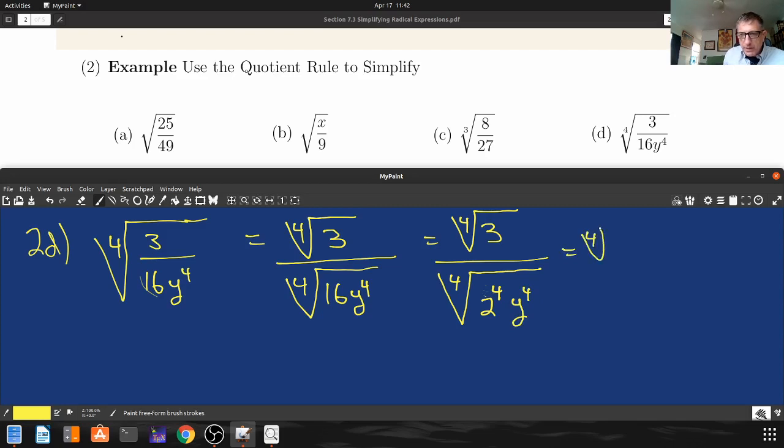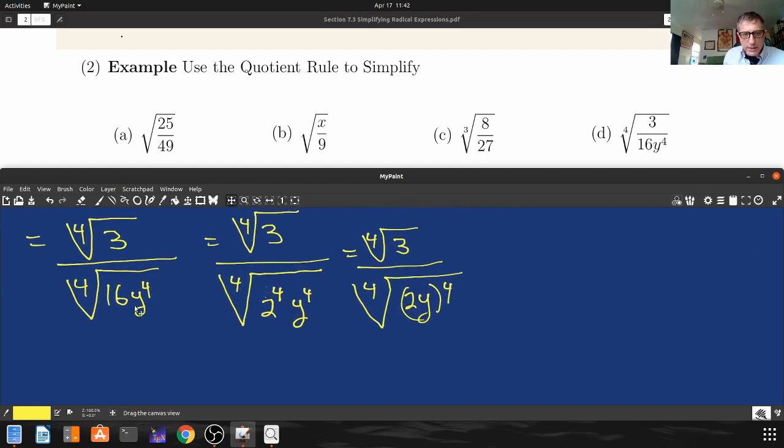So that's going to be equal to the fourth root of 3 divided by the fourth root, now I'm using the power of a product rule, of 2 times y to the fourth power.